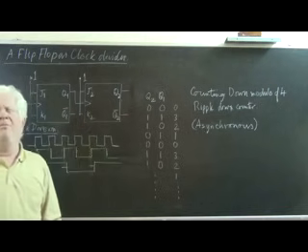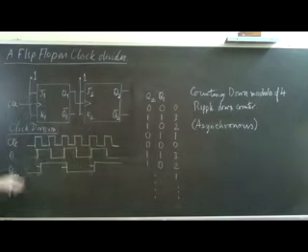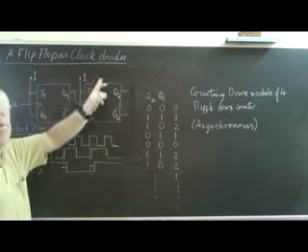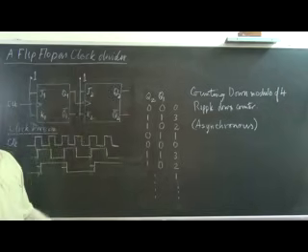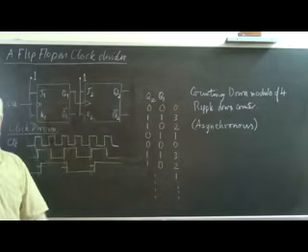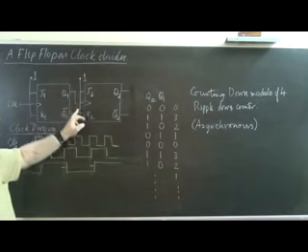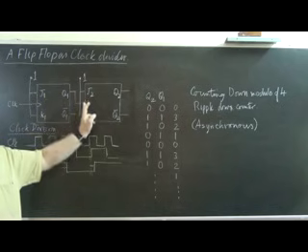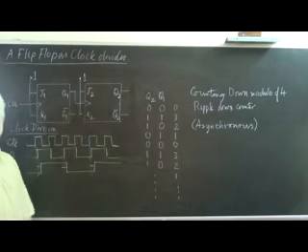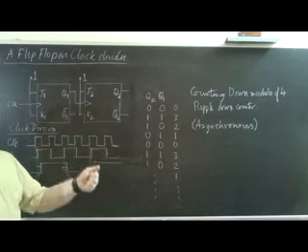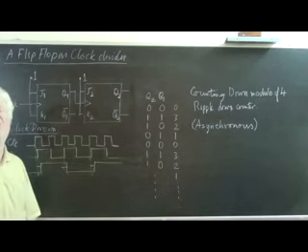The solution to this problem is clearly to apply this clock directly to each of the subsequent members of the chain and not use a second-hand derived clock as Q1 is in relation to the second flip-flop. This leads us to a second different kind of counter.